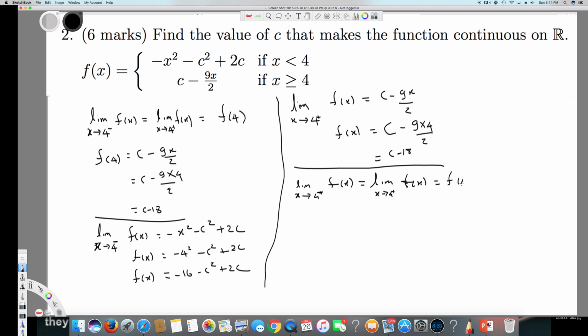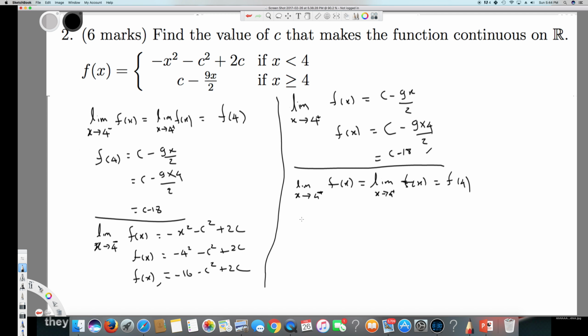Since f of 4 and the limit from the right hand side are the same equation, we can use it only once. We can equalize the left side with this one.